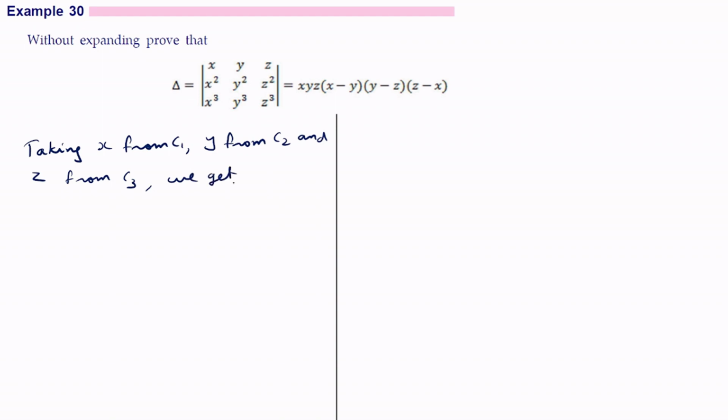We get delta equal to xyz into 1x x square, 1y y square, 1z z square.